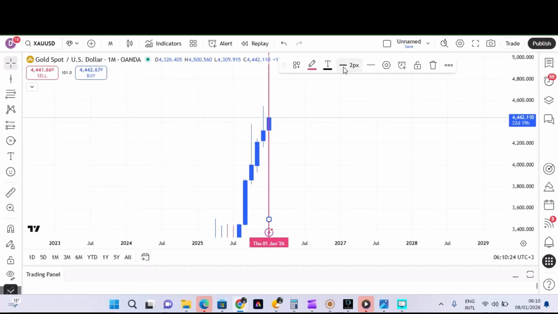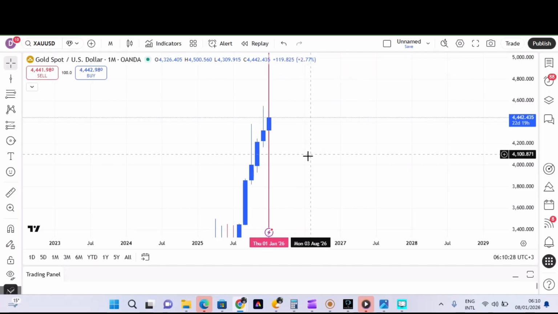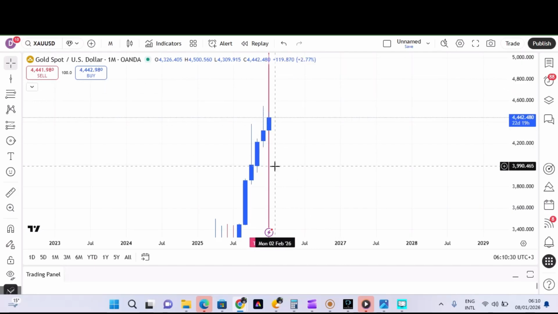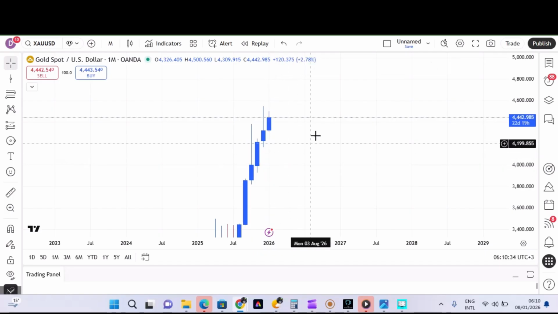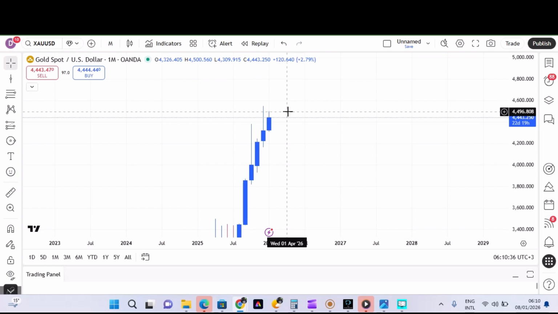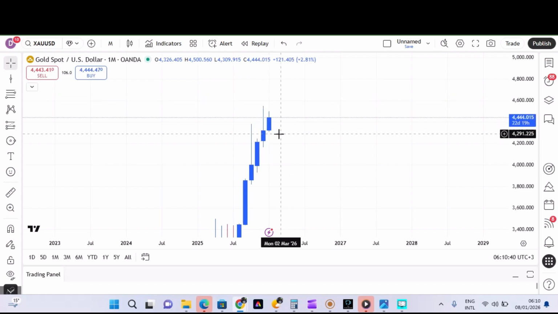Now, on the monthly time frame, the gold market is showing a bullish trend, as we have been looking at it since Monday this week when we started our analysis. Gold has maintained a bullish trend.